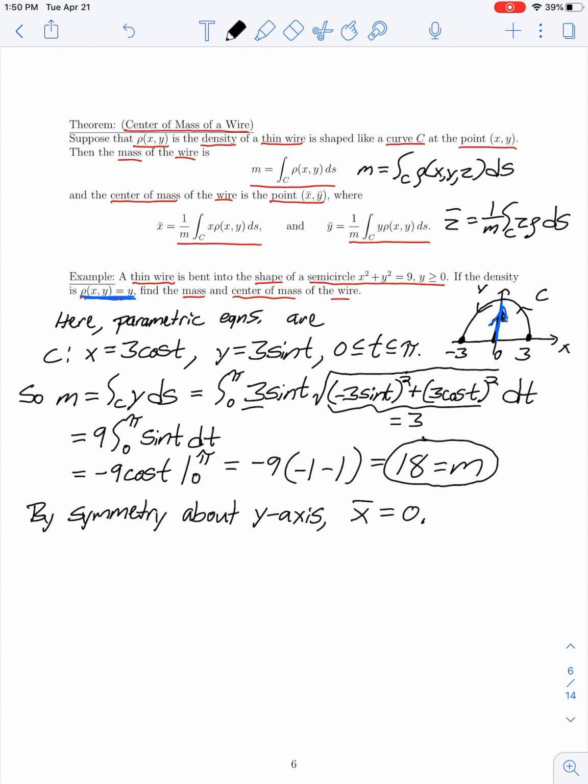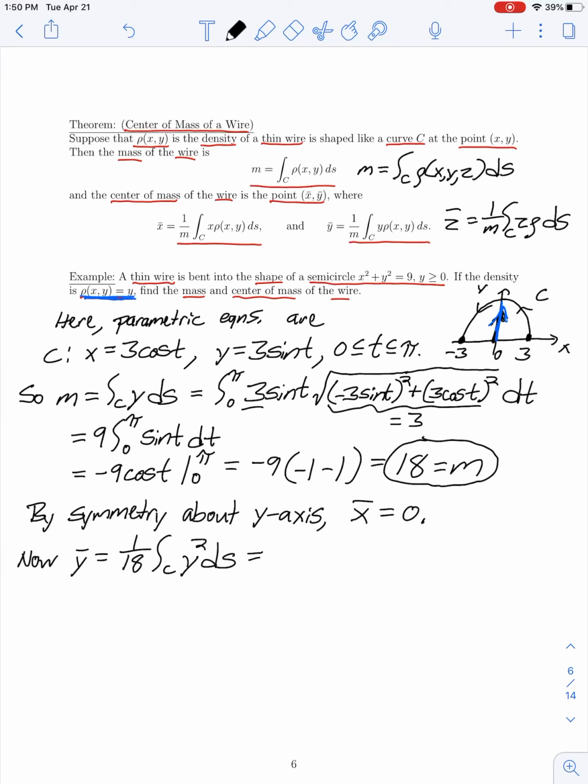Now to find the y-coordinate, y bar, we take 1 over the mass, so that was 1 over 18, times the integral over the curve C of y times our density function, which was also y, so we have y squared with respect to s.